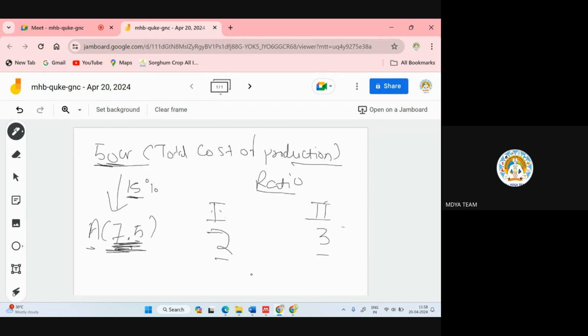Of this 7.5 crore, the 2 ratio part is used to produce the first item and the 3 ratio part is used to produce the second item. So can we calculate how much money A is using to produce 1 and how much to produce 2? We will add 2 plus 3.